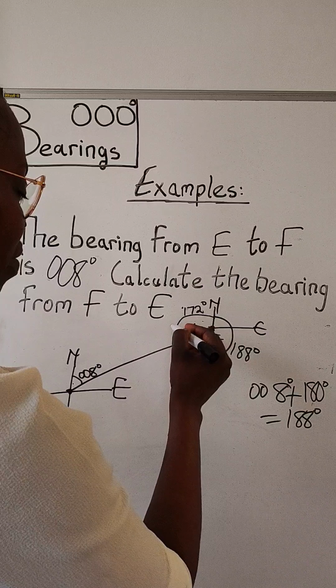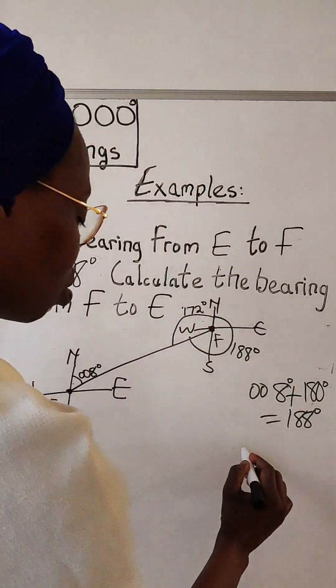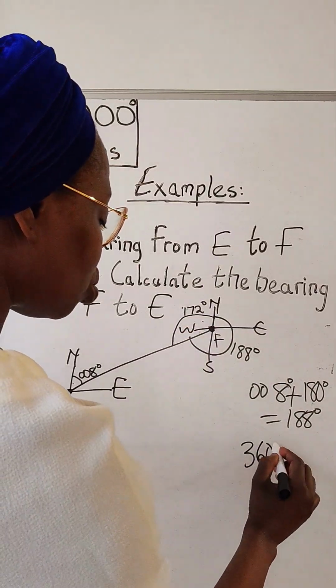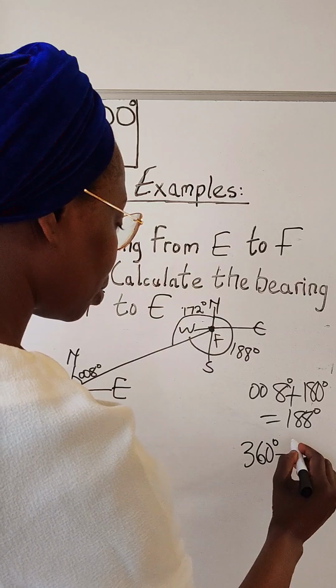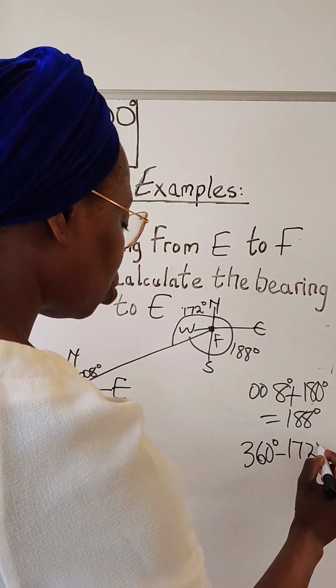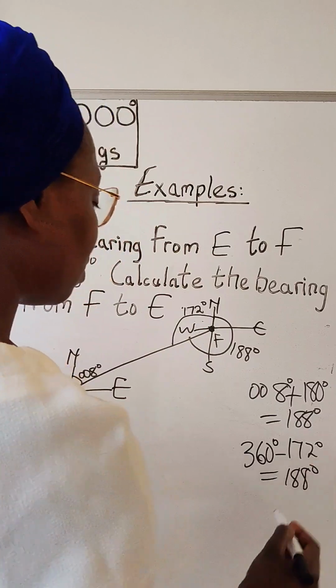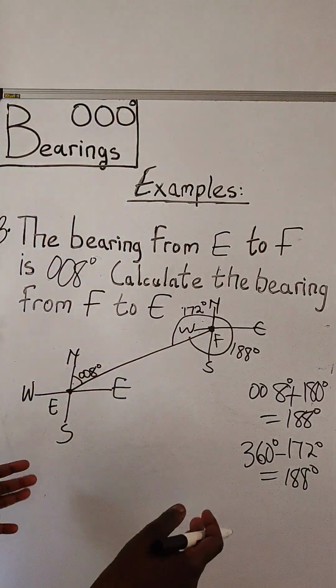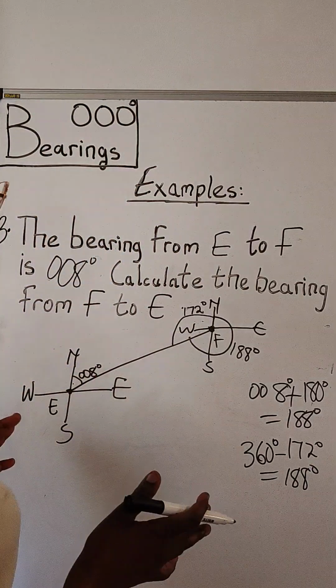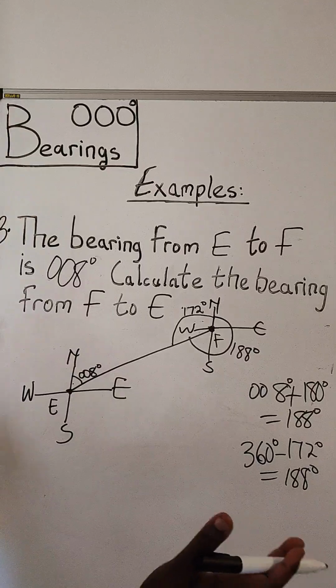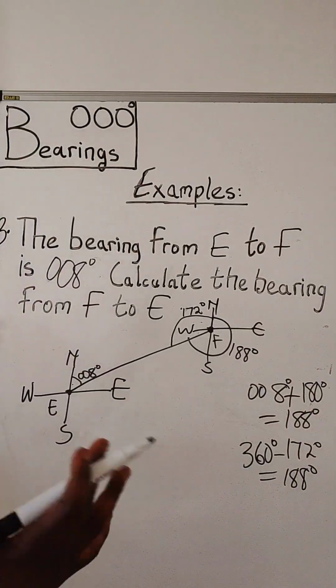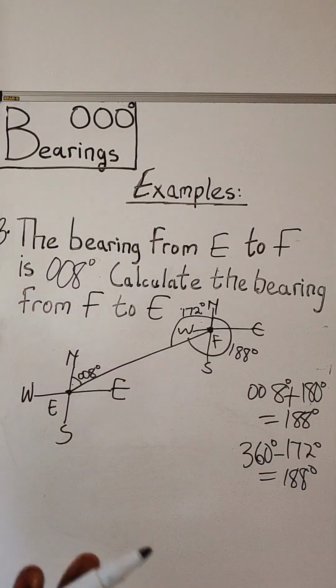It will be 360 degrees minus 172 degrees, which gives 188 degrees. So in both ways, we arrive at the same answer. But the fastest one here is the opposite bearing.